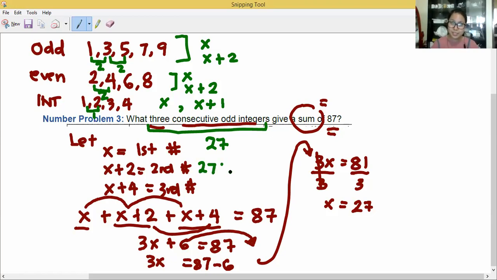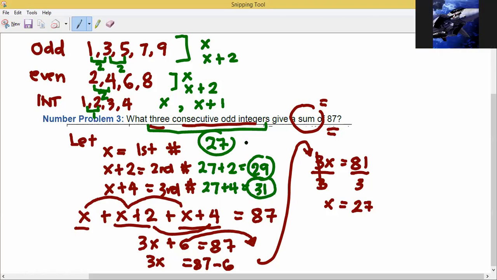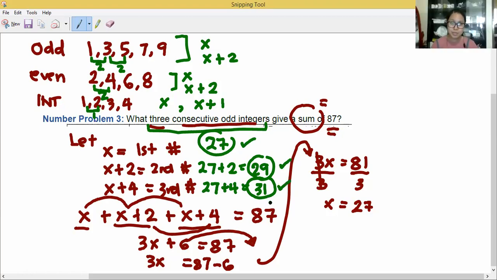The answer is 29. And what's the third one? That's x plus 4. That is 31. If you want to check it, if you add 27, 29, and 31, the sum will be 87.